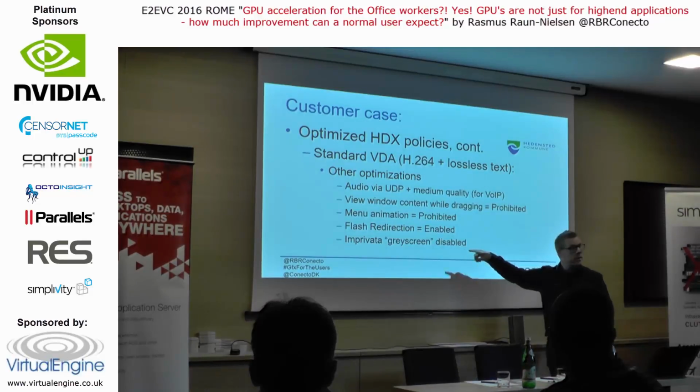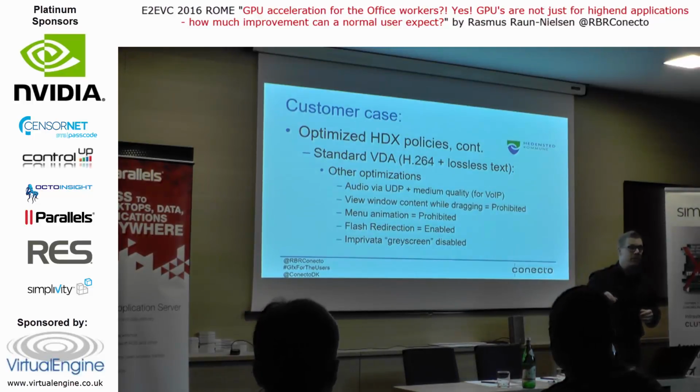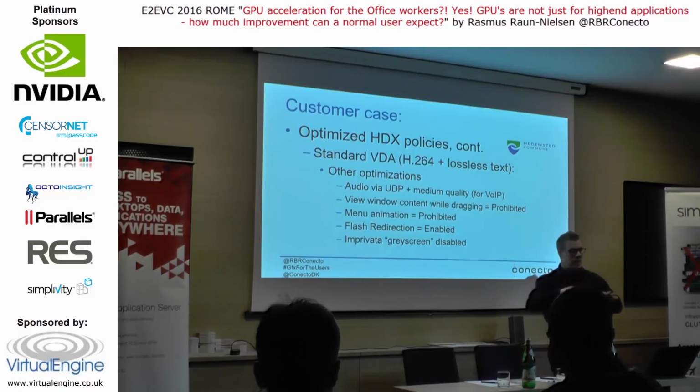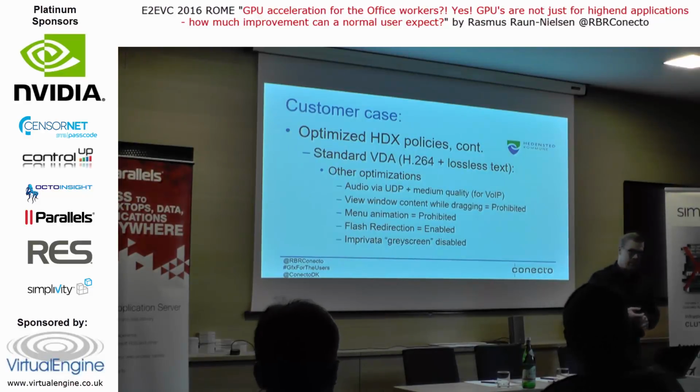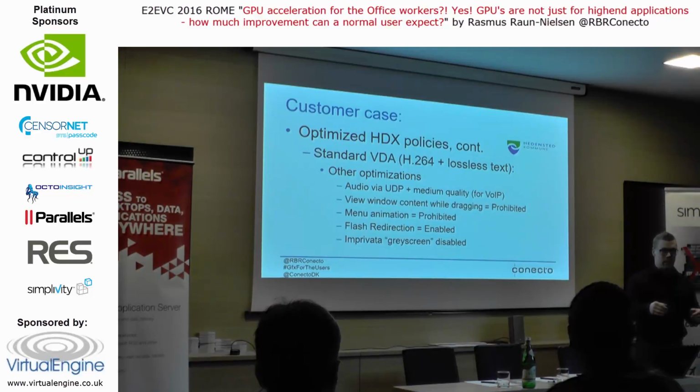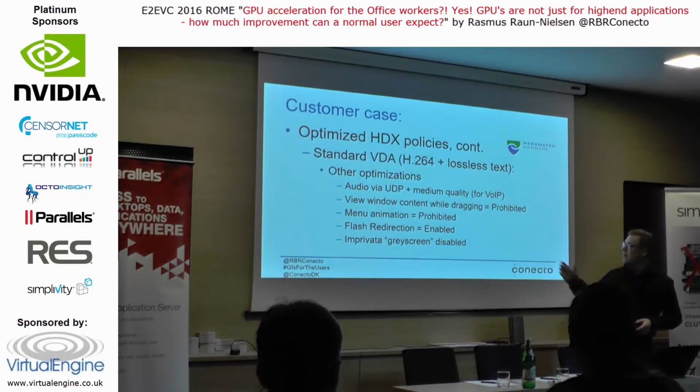A funny one, they're using Imprivata. How many know Imprivata? Ah, okay. Imprivata has, as it is a municipality, some information that not everybody is supposed to watch. So if a user leaves their workstation and forgets to lock it, then after a given time it fades into light gray, then after a given time it fades into dark gray, and then it fades into black.